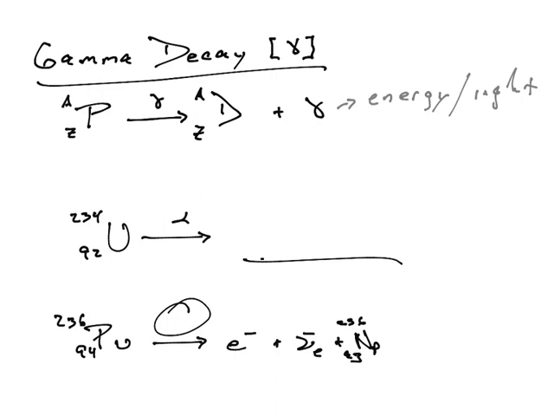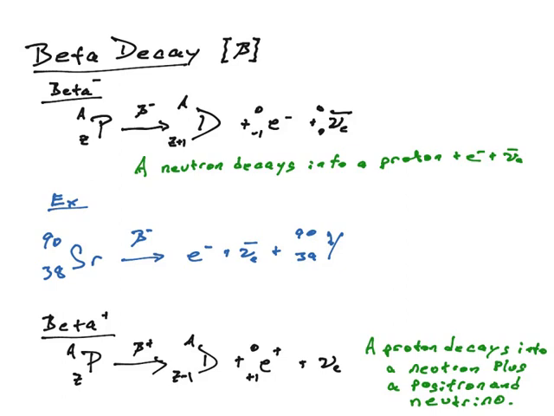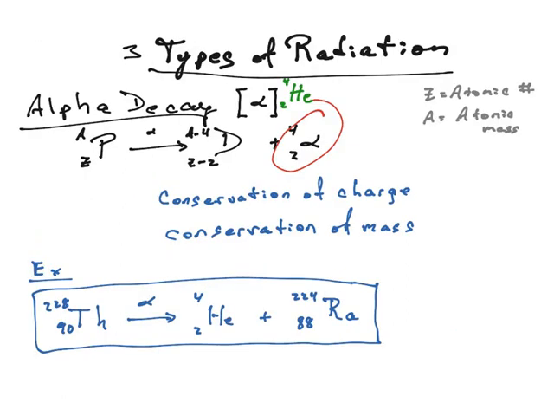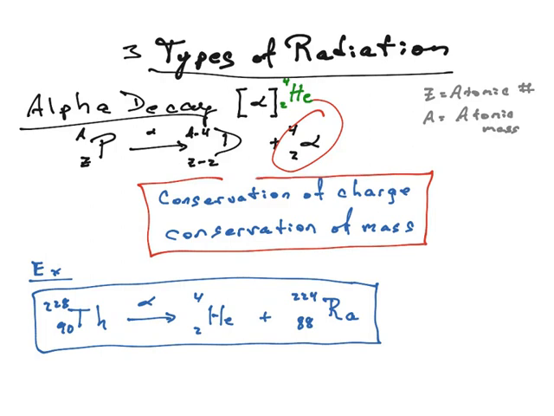But as you can see, the method for solving these is very easy. All you have to do is remember these two rules. The Z on the left must be the Z on the right if you add them all together, and the A on the left must be the A on the right if you add them all together. If you follow those two rules, you're going to be golden.